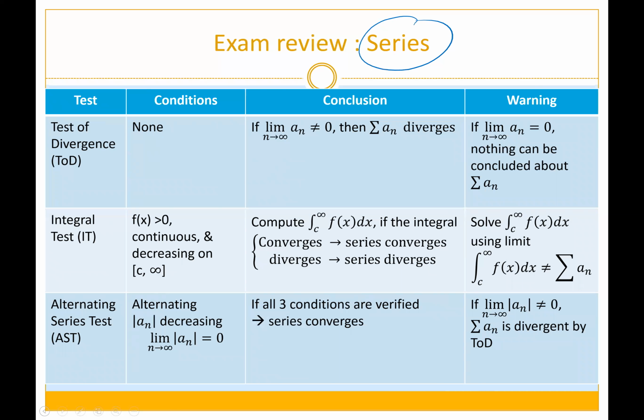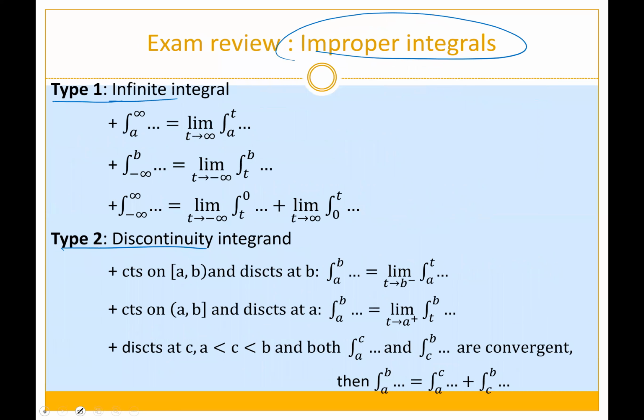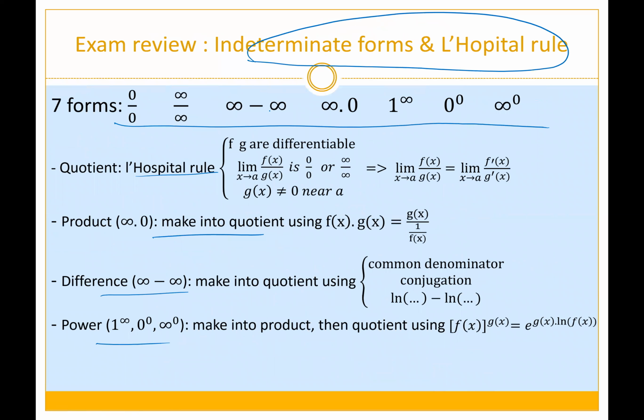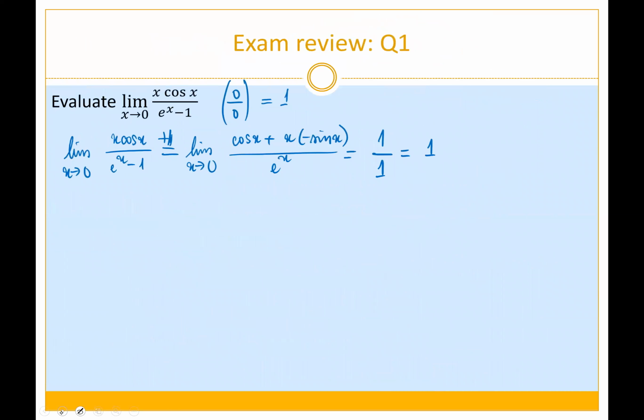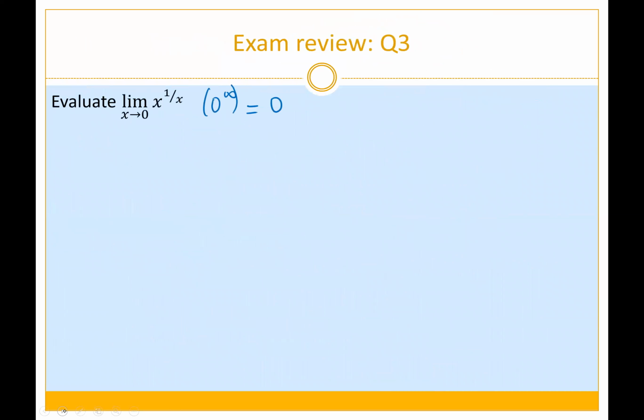Just think about when you have 0 to any kind of power, it's still going to equal 0 regardless. It's not infinity to the 0. So in this case, our answer is simply 0. We don't even need to use L'Hopital's rule at all.